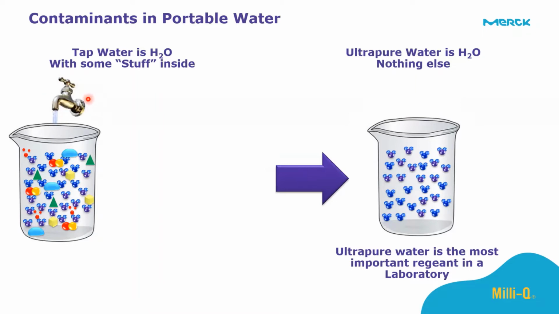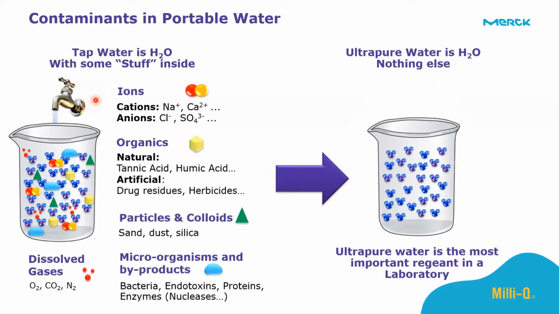However, the tap water, like we said, is not fit for experiments in the lab, and therefore the contaminants need to be removed. These 5 classes of contaminants are the ions, that is the cations and anions. We have the organics, and here we are talking about the natural organics and also the artificial organics coming from the herbicides and drug residues.